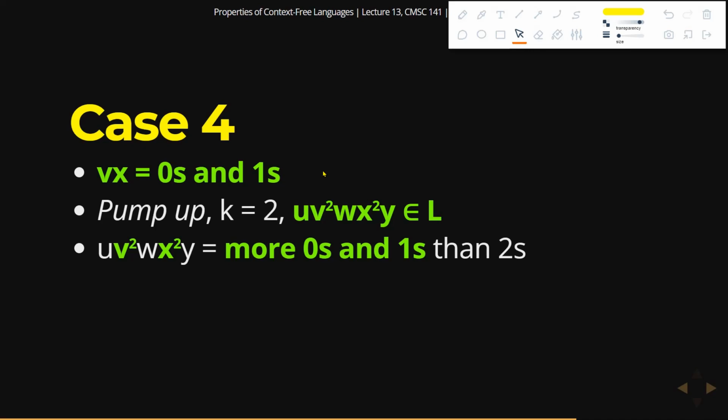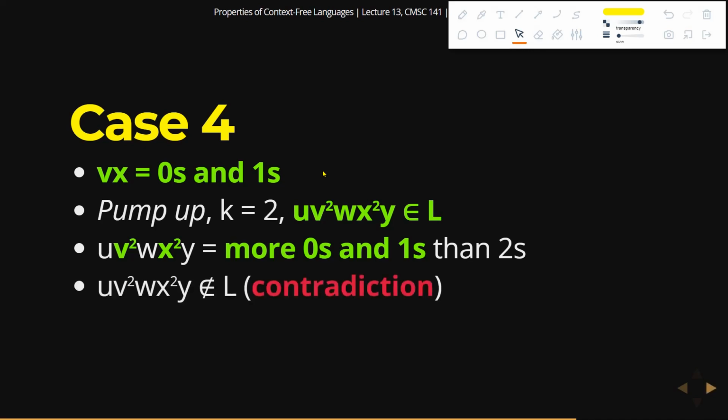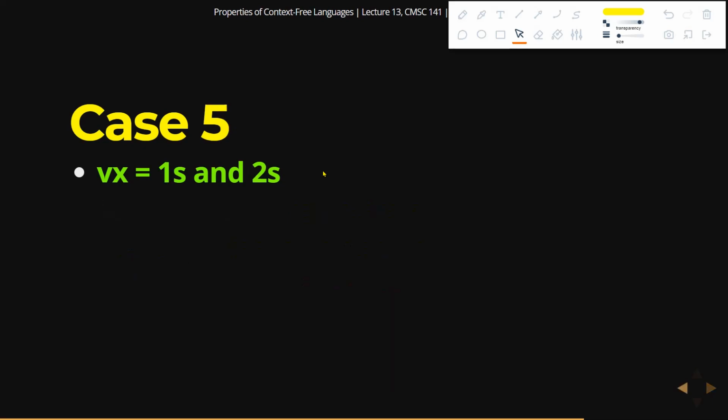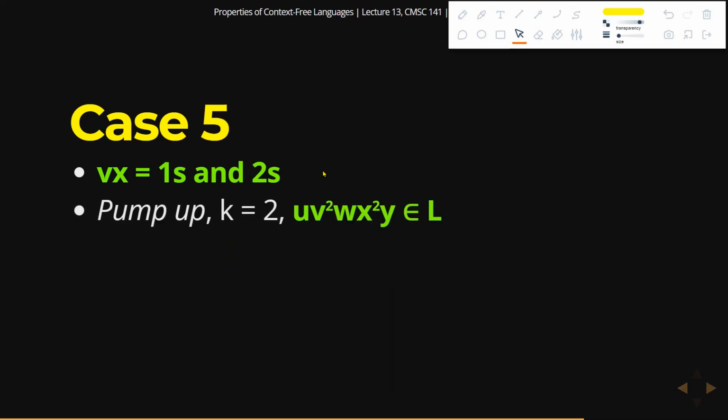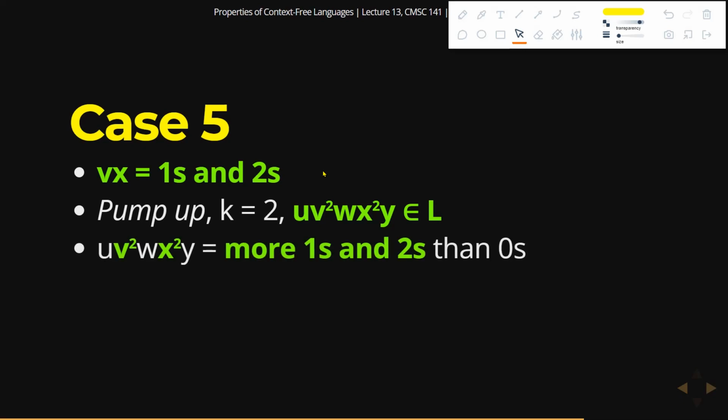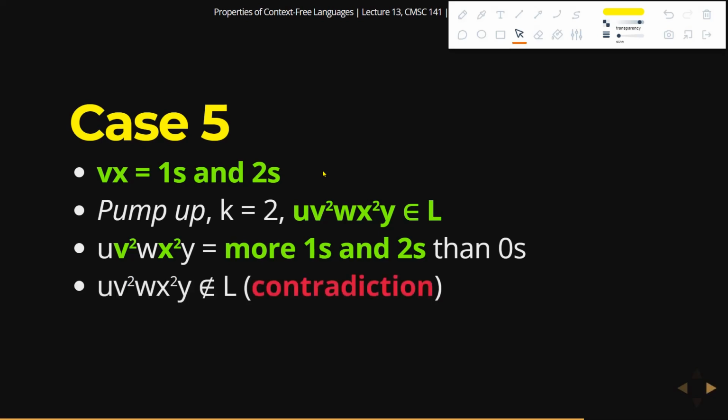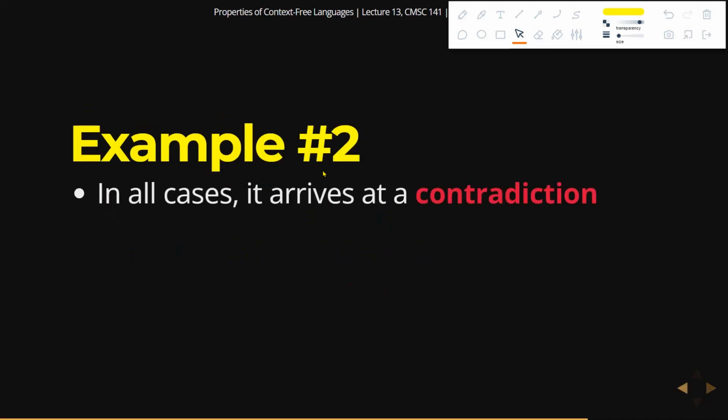This is still not part of the language because there's not an equal number of zeros, ones, and twos, a contradiction. And finally, if you have ones and twos, if you pump this up, there will be more ones and twos than zeros, because you did not pump up 0. So it's not an equal number of zeros, ones, and twos, so it's not part of the language, also a contradiction.